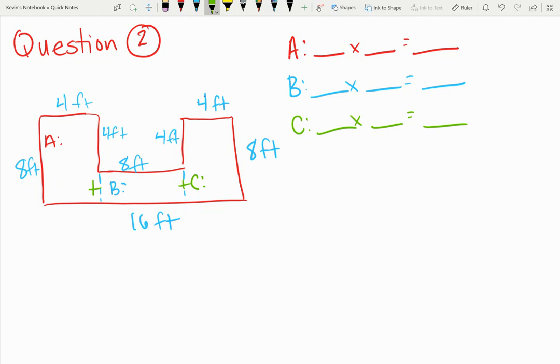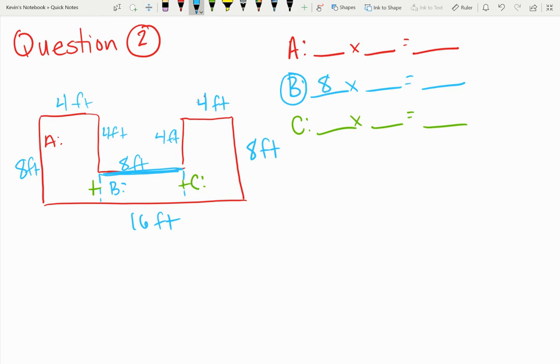So I think box A you guys can get on your own, and box C, but I want to focus on box B because I don't know if we've seen one like this. So we know for box B, if you look at this edge here at box B, that's going to be our length of 8 feet, or the base for box B. So we know that's 8.